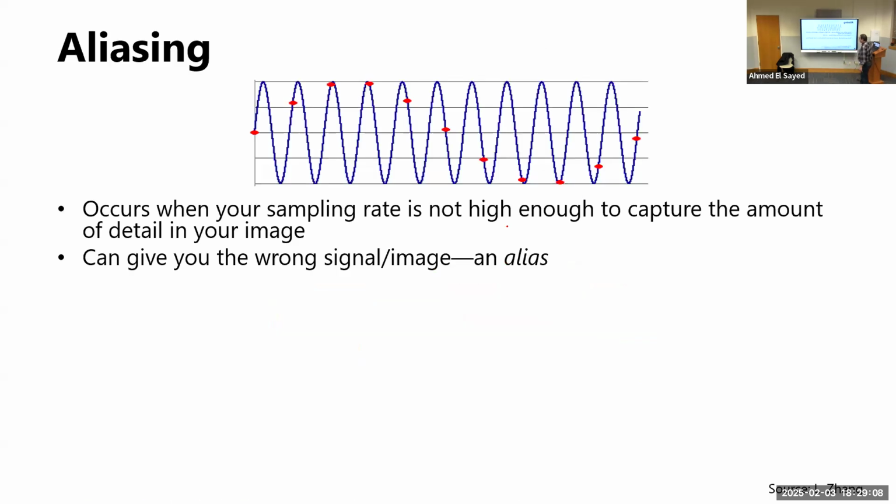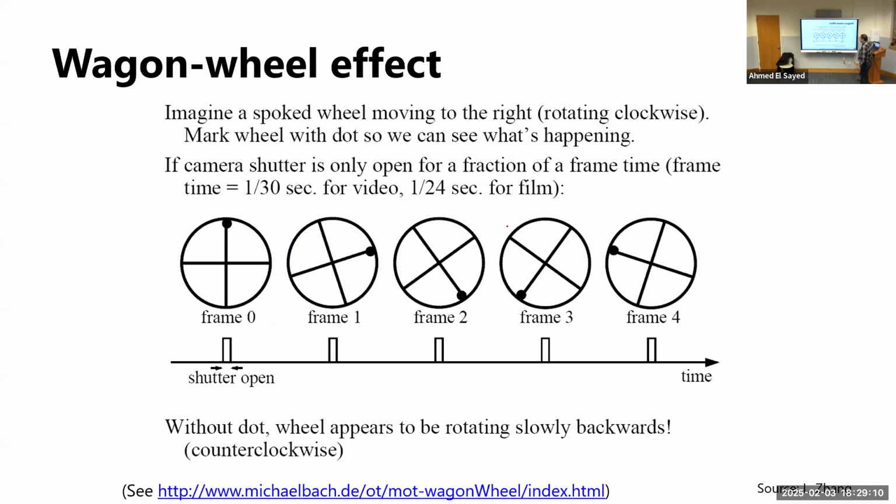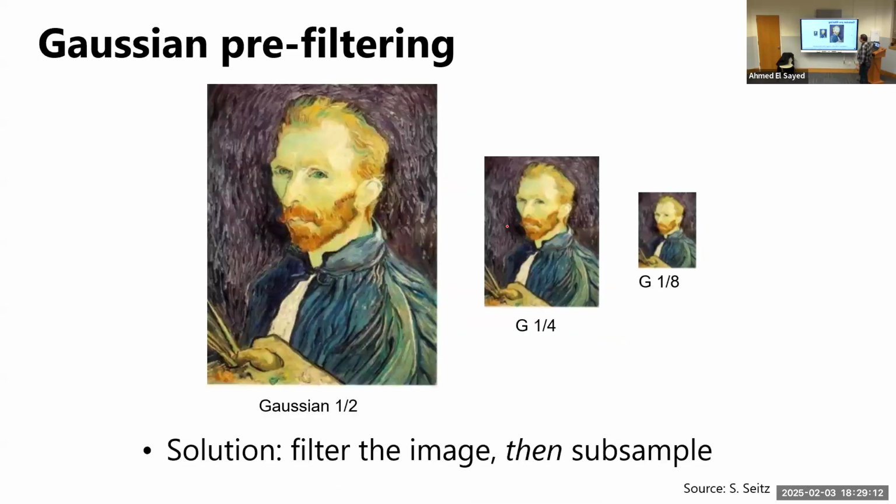Again, how will we solve this? Same thing as we stated here. First, we will start by filtering this, then sample it. So this is a filtered image. Why is it filtered?